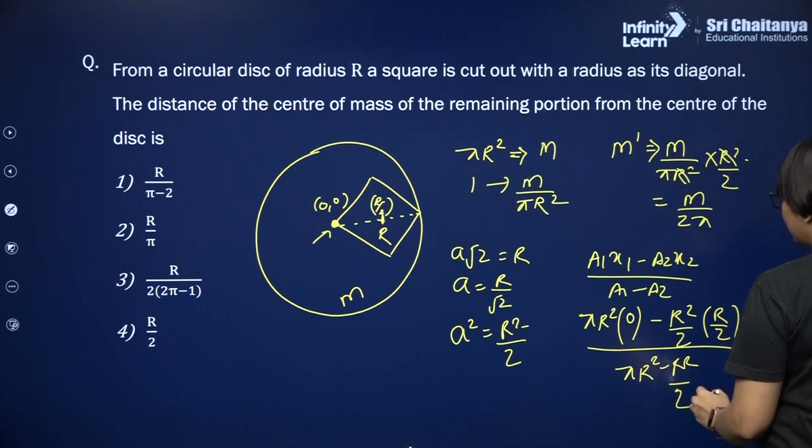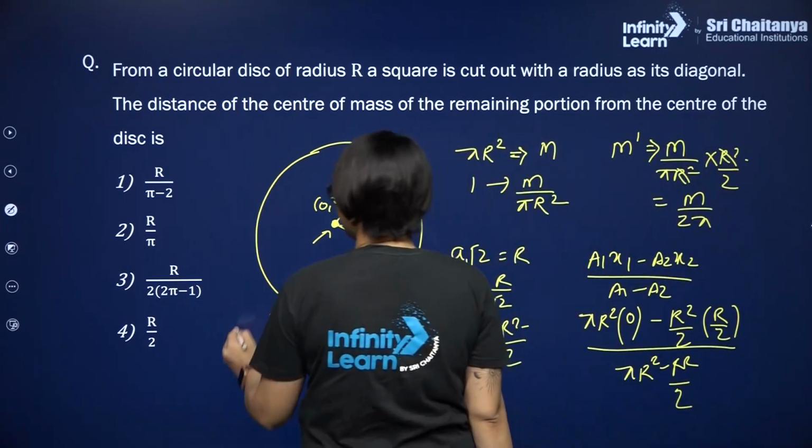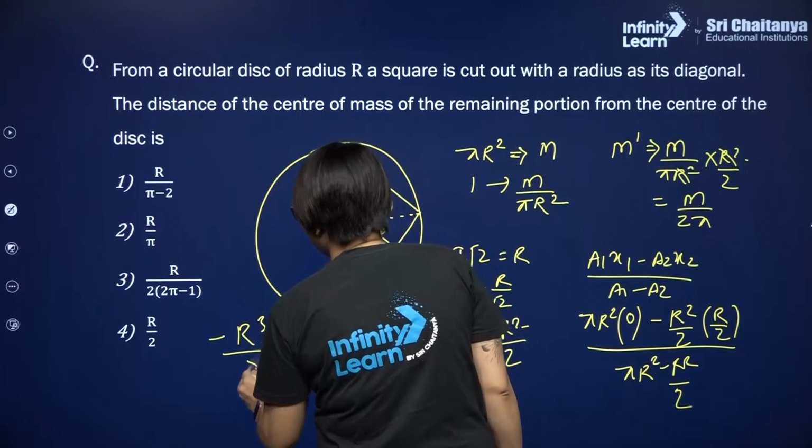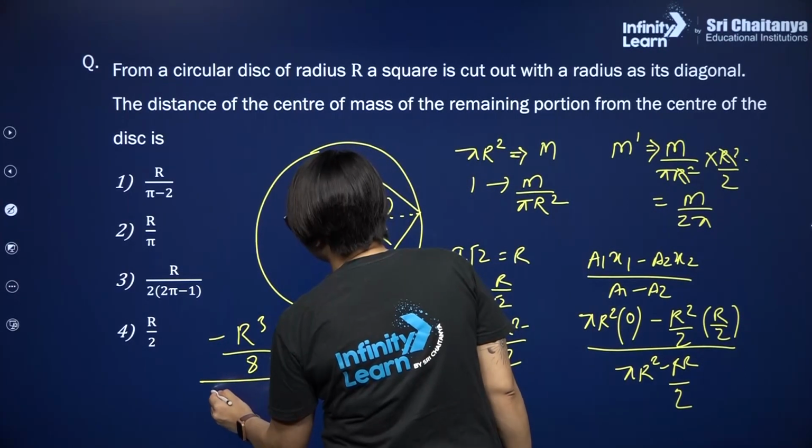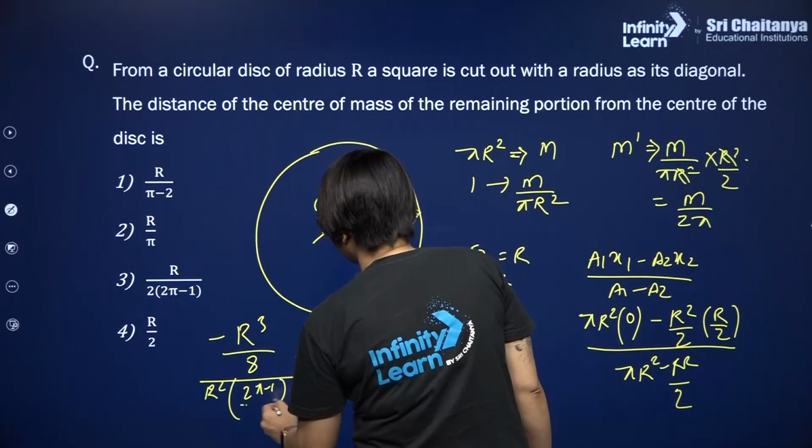So over here you can write it as minus r cube divided by 8, divided by, you can take r square common. So it is 2 pi minus 1 divided by 2.